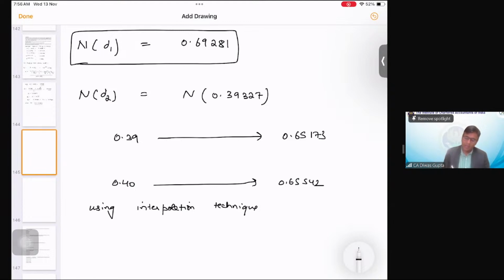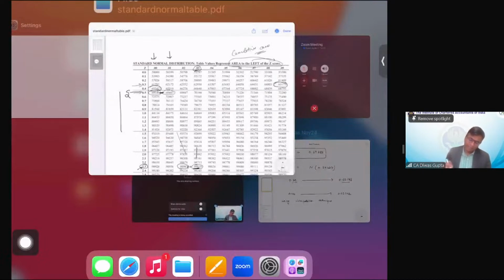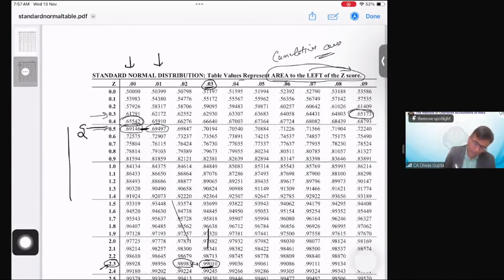If you want to see how this 0.39 has come, let's go to the normal distribution table and verify this. 0.3, this one, and let's come to 0.9, this one: 0.65173. And similarly, 0.40 is this one: 0.65542.